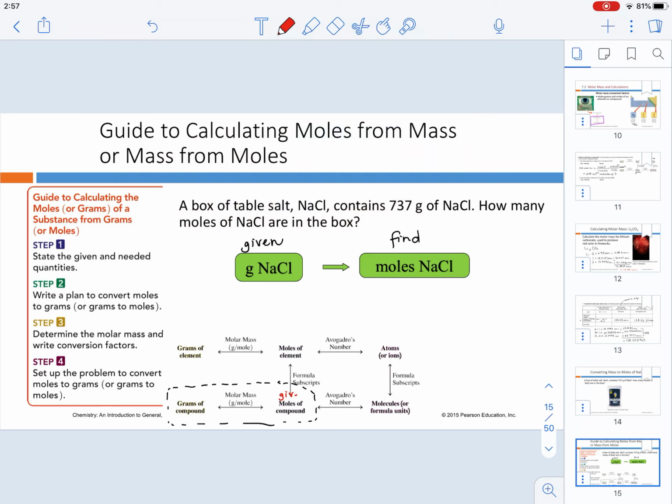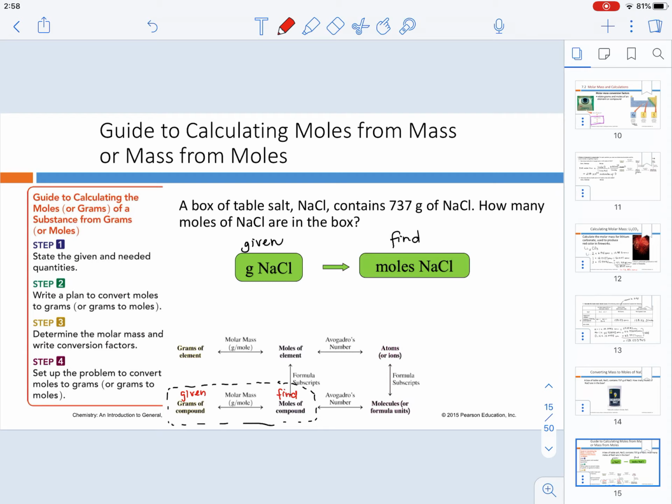What is given is grams of compound. What we need to find is moles of compound. I put it backwards at first, but now it's fixed.